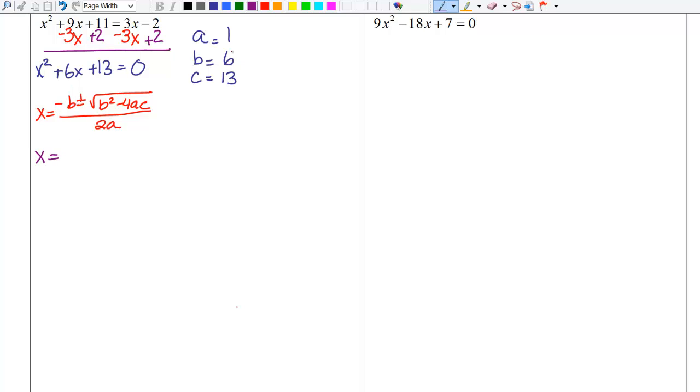My b happens to be positive 6, so I want to take the opposite of positive 6, or negative 6, plus or minus the square root of b squared. b is 6, so 6 squared is 36. I like to do that part in my head so I don't accidentally make mistakes, especially when I have negatives for b. Minus 4 times a, but a is 1, times c, but c is 13. All over 2 times a, which is 1.